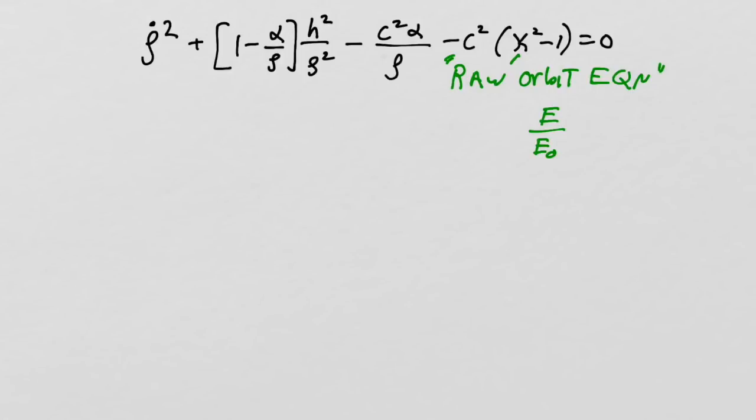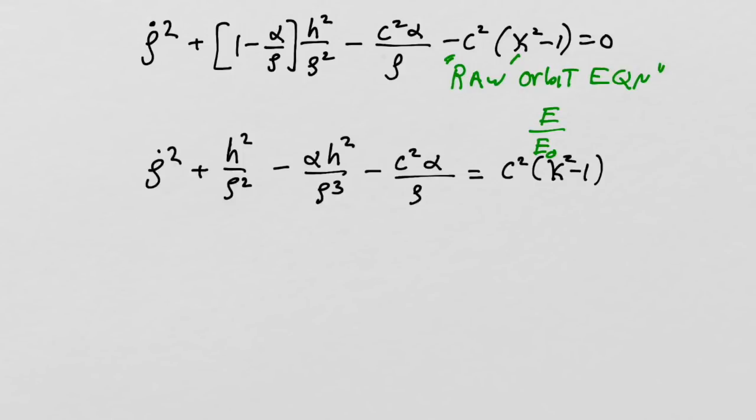So we can shuffle this around a little bit. We can write it in this form, which is not very different. We're just sort of expanding the things out a little bit and moving some constants over to the right-hand side. But once we're in this form, we can think about multiplying by the mass of the test particle over 2.